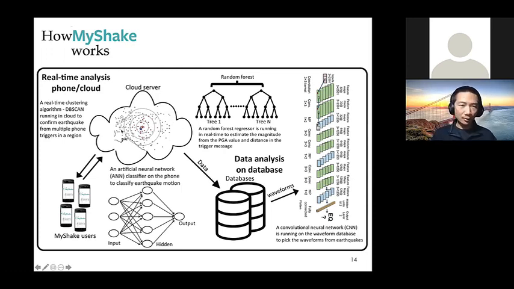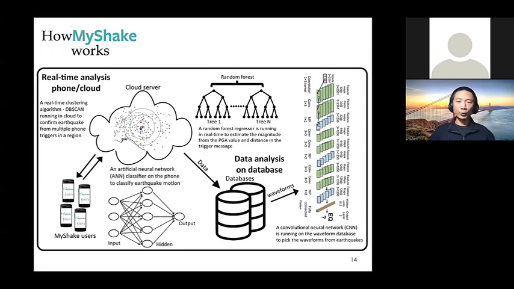At the cloud server, we have a real-time clustering algorithm to cluster the data collected from all the phones and determine whether this is an earthquake or just random signals. One phone can detect something like an earthquake, but in a real earthquake you usually see very broad triggers of the phones.